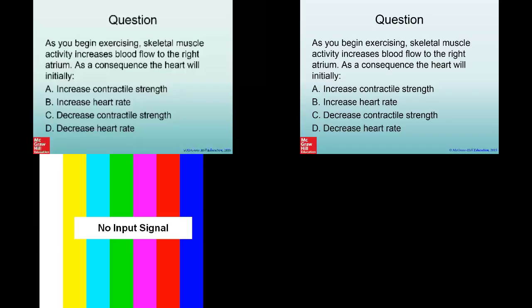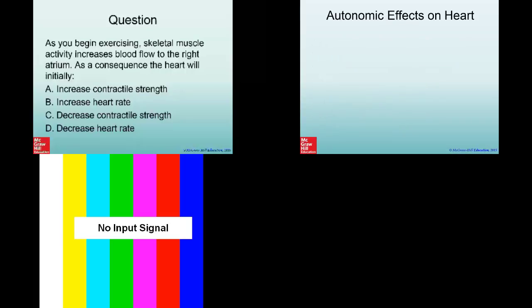What's that going to stimulate? It's going to be the result of that increase in venous return. Well, that was too easy. Yeah, I just said it, right? Increased contractile strength.